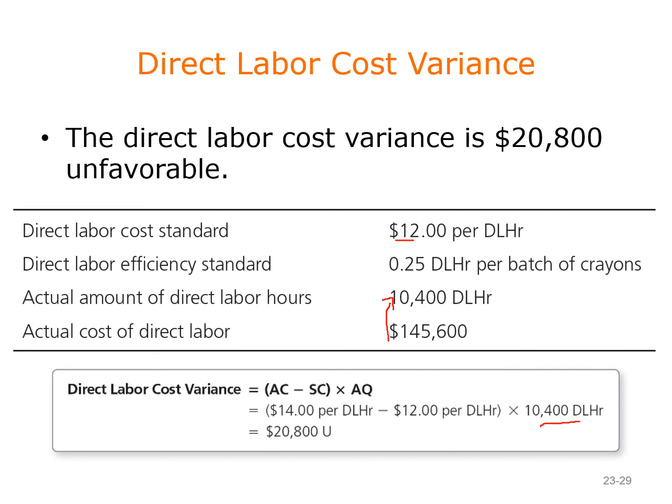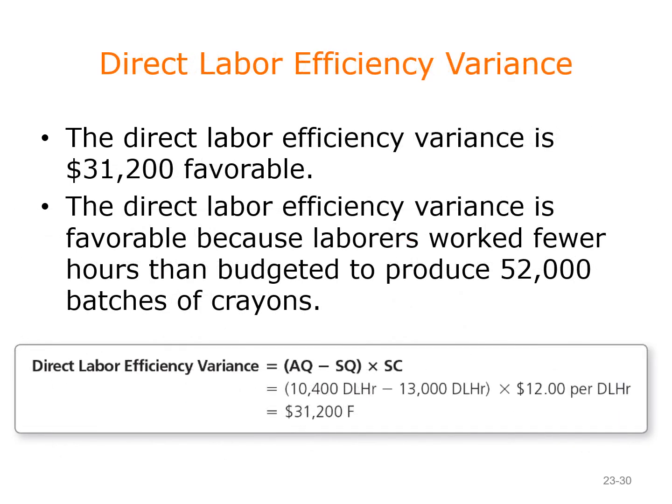The variance is unfavorable because the actual rate per hour is higher than the standard, or expected, rate per hour. It will be done for the efficiency by multiplying the actual quantity of hours minus the standard quantity by the standard cost, and it is favorable here because the hours are less than the expected ones.